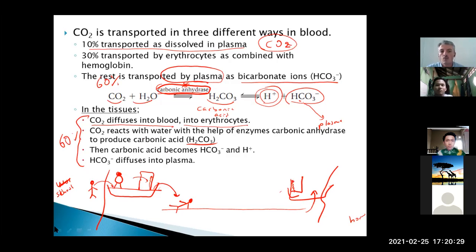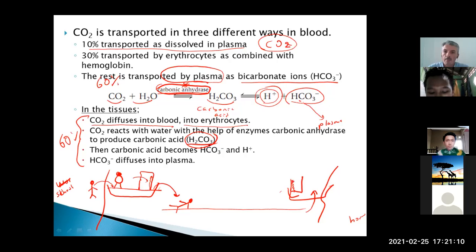It's 60%, most of the CO2. Okay, there are questions. Even in my unit test, there was a question. Most of the CO2 is transported by the blood in which form? Options like this one, or carbaminohemoglobin or carboxyhemoglobin, or dissolved in plasma.